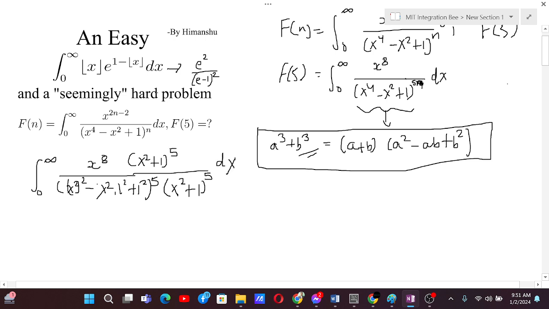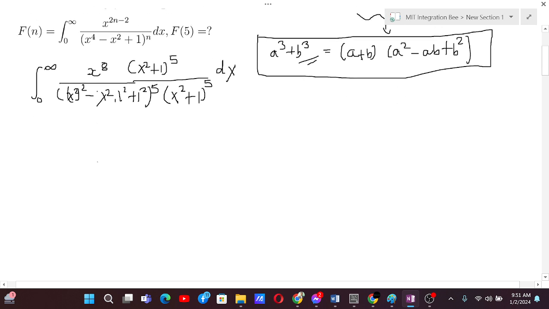So now, as I told earlier, this is going to be the integral from 0 to infinity of x to the power 8 times (1 plus x square) to the power 5, and then in the denominator, 1 plus x square to the power 6, and then dx.